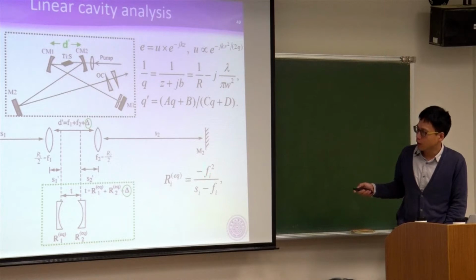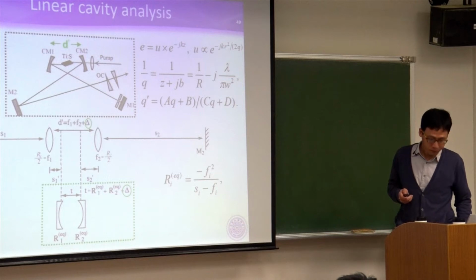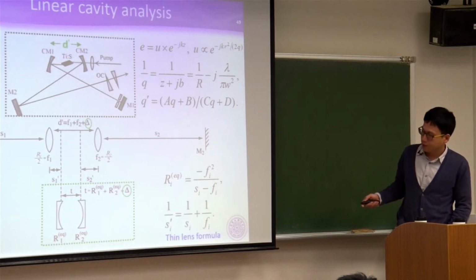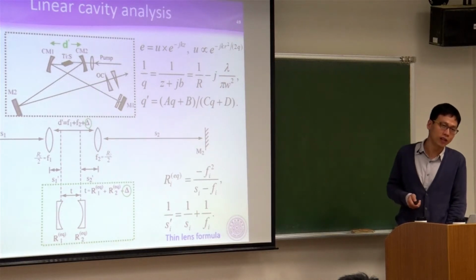So if you know the focal length F1 and the original separation S1, by this formula you can calculate the equivalent radius of curvature. How about the position S1 prime? It's derived by the lens formula: 1 over S1 prime equals 1 over S1 plus 1 over F1.